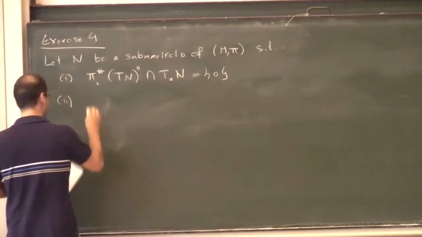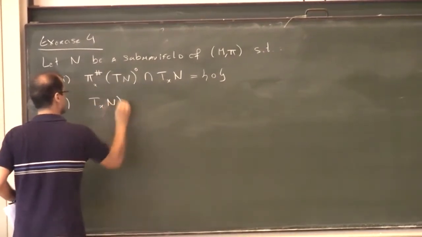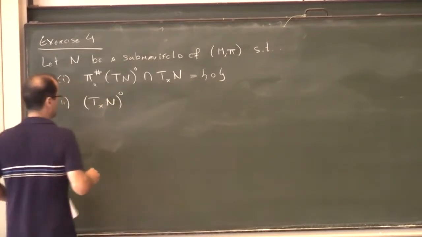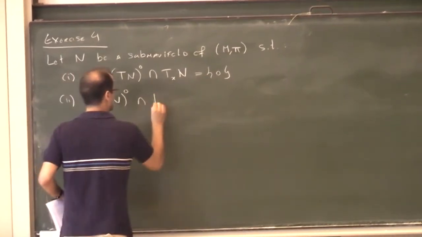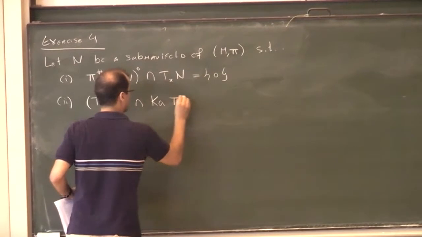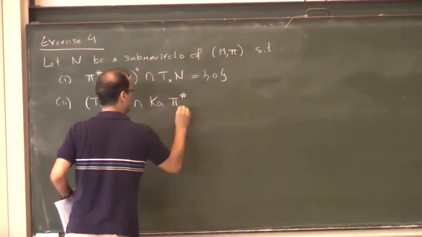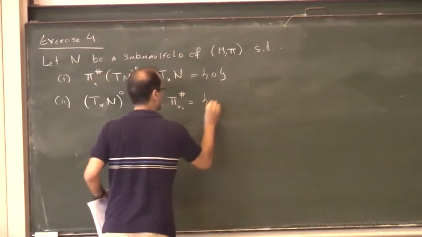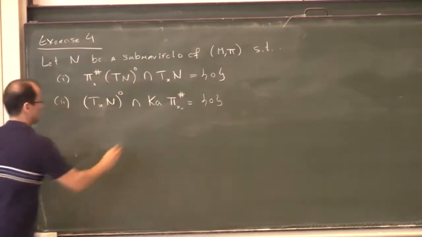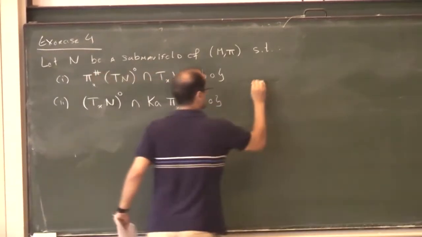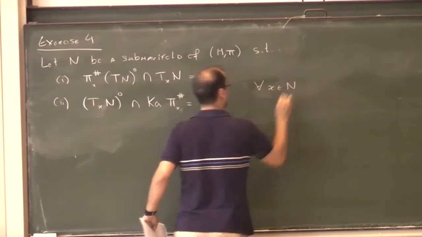The second condition says that the covectors that annihilate TN and the covectors that are in the kernel of this pi-sharp map intersect only in the zero vector. This should hold for every x in N.